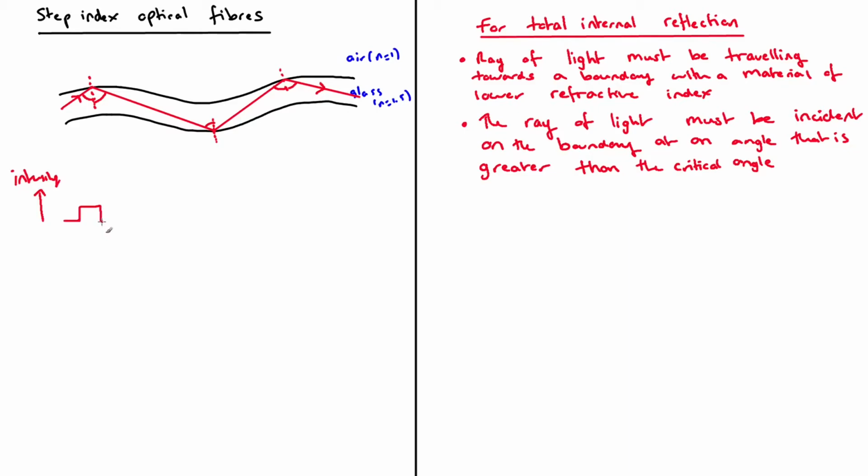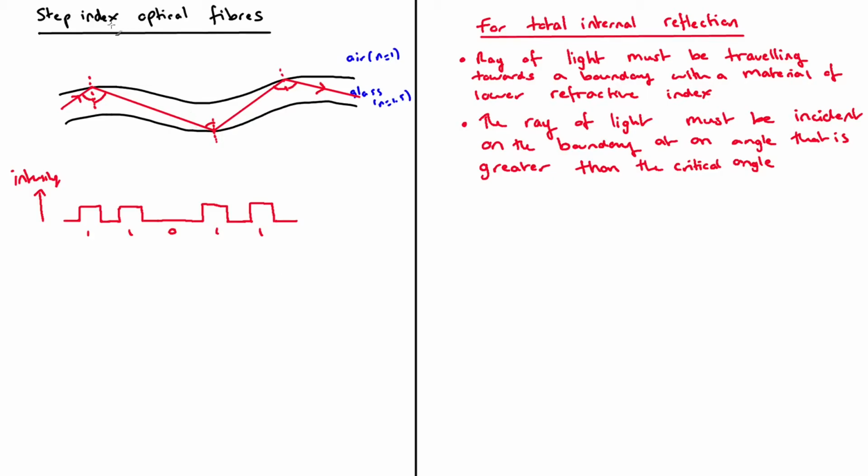You've got a pulse there, that corresponds to a 1, another pulse, and if there's no pulse, that's a 0. Another pulse, and basically you're sending these pulses representing either an on or an off signal. You're sending those down the fibre to the other end, and that's how optical fibres are used in communications.